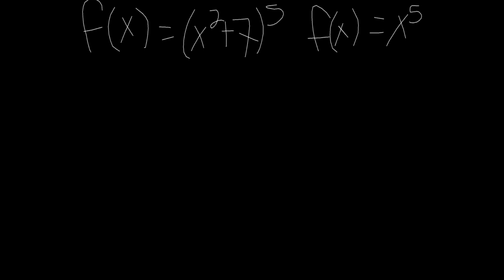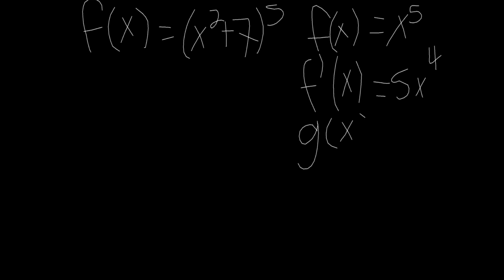And we know that the derivative of this by applying power rule is just going to be 5x raised to the power of 4. And then we can see that our inner function, the function we input into here, is simply what's inside here. So we have x squared plus 7.